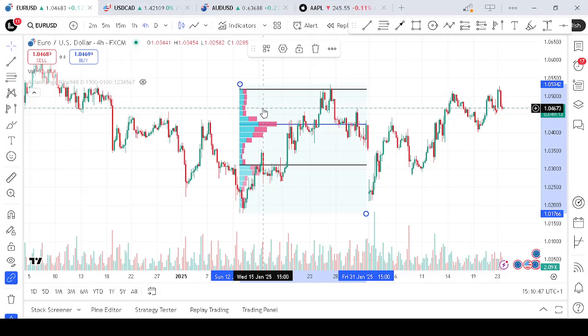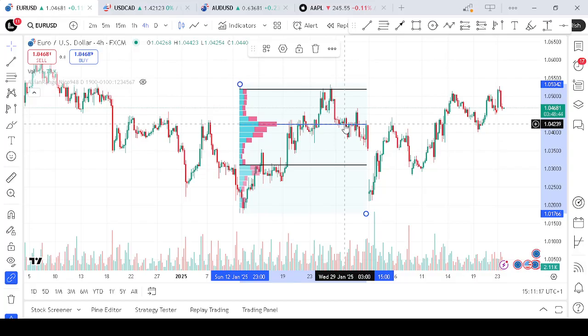Now the third way we can use this FRVP indicator is by using the point of control, also known as POC. The point of control is the price level with the highest traded volume and acts as a strong magnet for price action. It can serve as a reliable tool for support and resistance levels.